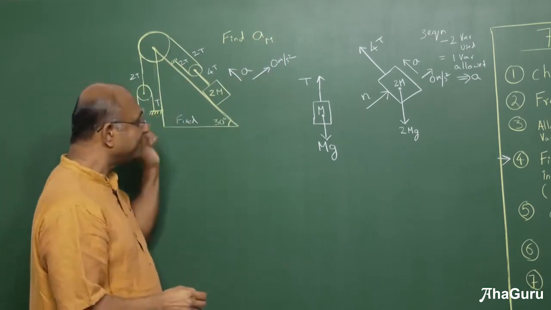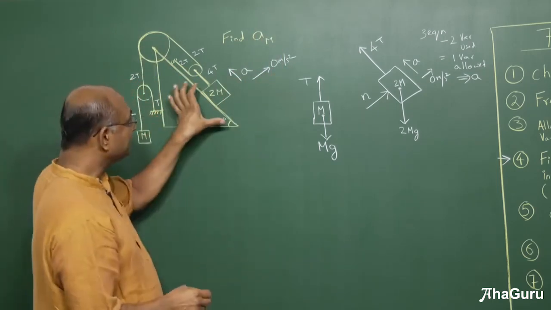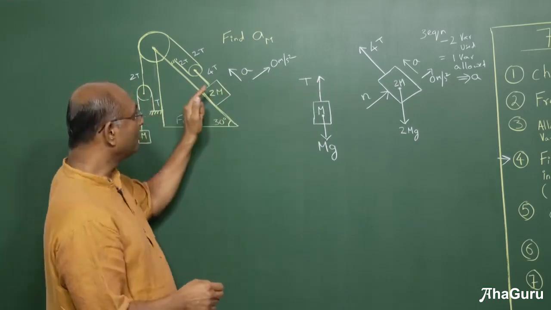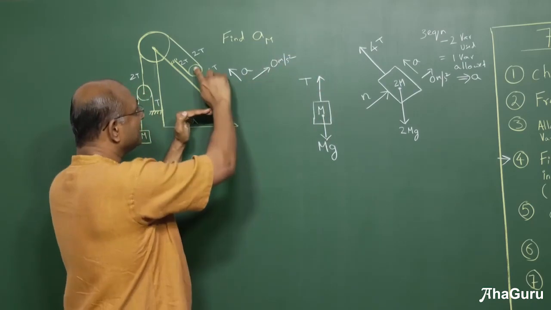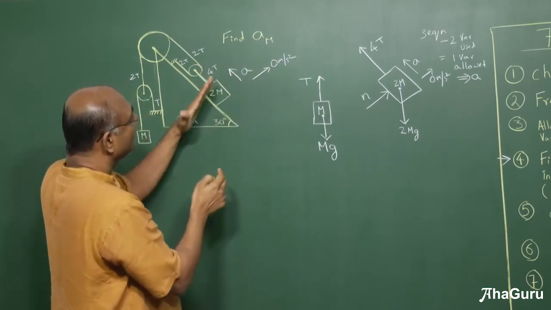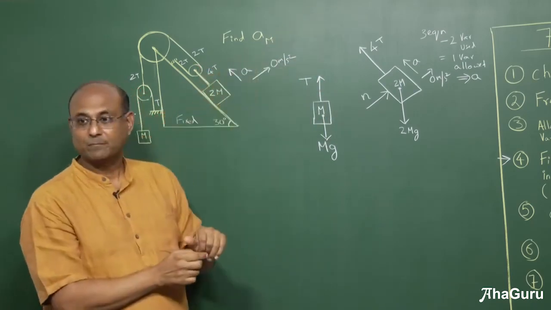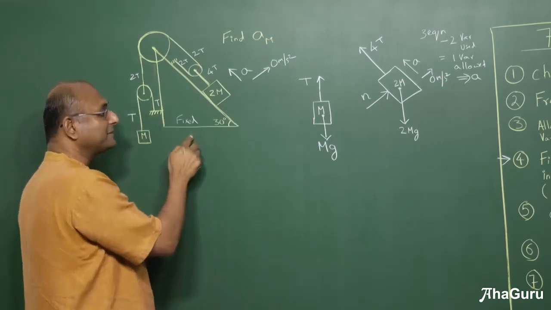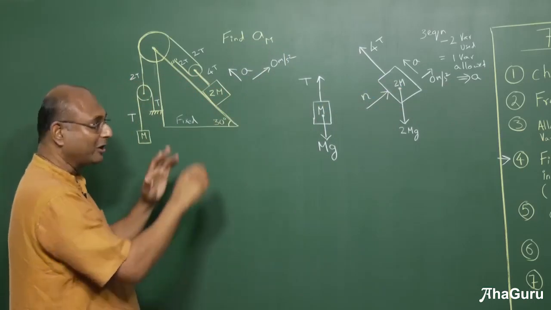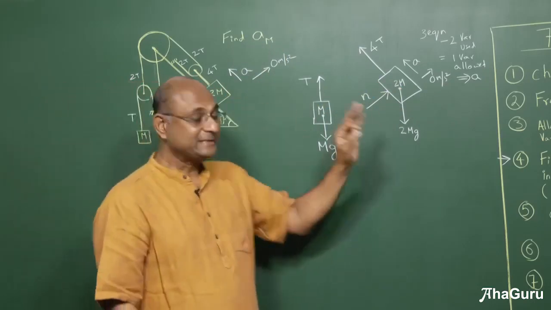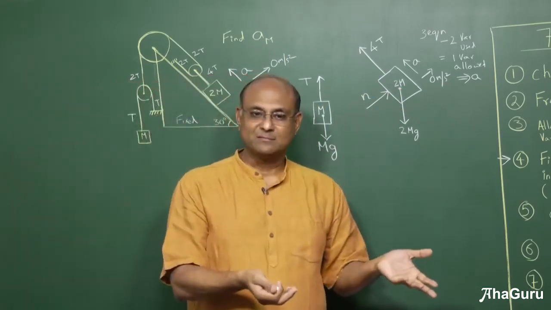Now, this is a fixed wedge. If this wedge was also moving, then you will not be able to conclude that it has 0 acceleration like that, because it would have an acceleration like this plus like that. So it would have a component in that direction. Because it is a fixed wedge, you could have directly resolved mg sin theta, mg cos theta. I have not done that. But with fixed wedges, you know that beforehand, that you can resolve.